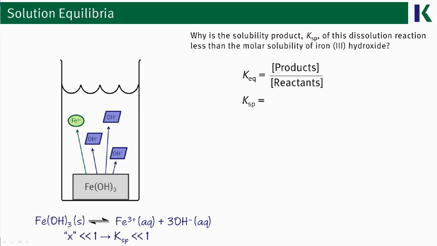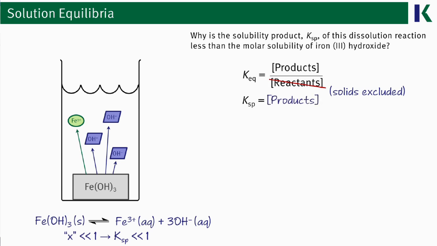KSP is a type of equilibrium constant, meaning that you can think about the KEQ equation when considering a KSP problem. However, KSP problems always have a pure solid as a reactant. There will never be a denominator in a KSP equation, because solids are not included in equilibrium constants on any system. This means that KSP will always be set equal to the concentration of products only.